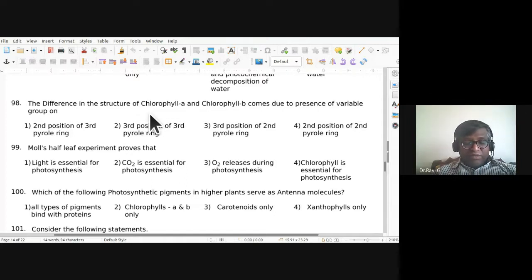So the answer is the presence of a variable group on the third position of the second pyrrole ring. You can remember 3 2: third position of second pyrrole ring. So for 98, C, the third option, is the answer.